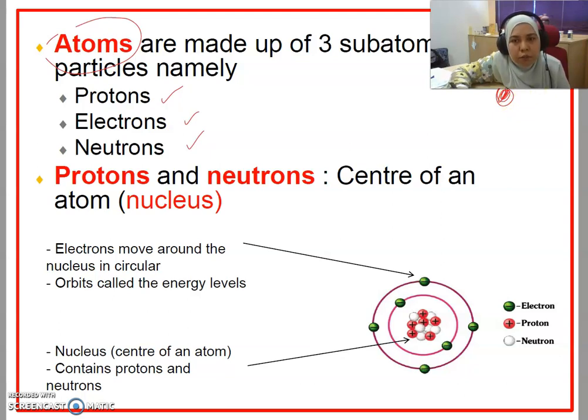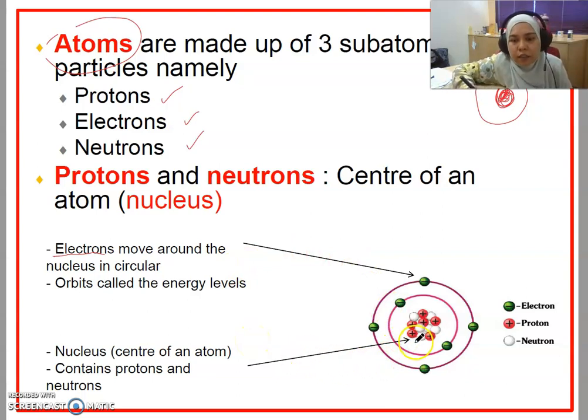Proton ni apa, neutron ni apa, kita akan tengok later on. At the outer of the nucleus you will have electron. Electron move around the nucleus in circular orbits that we call energy levels. Kita akan tengok in detail nanti what is energy level.